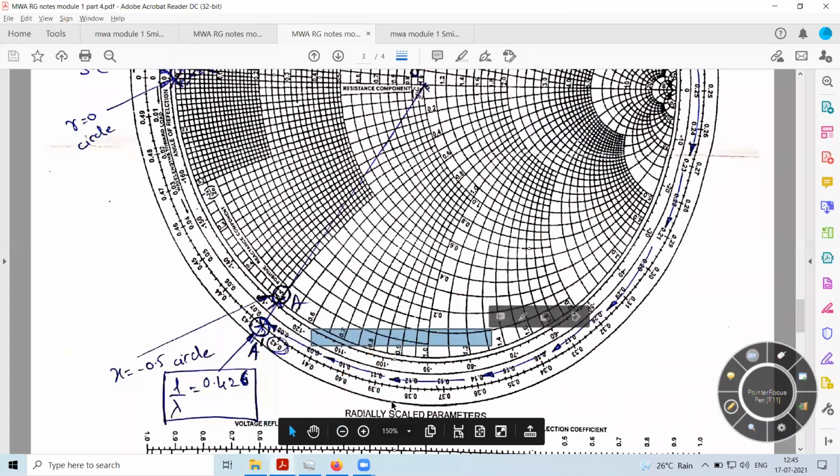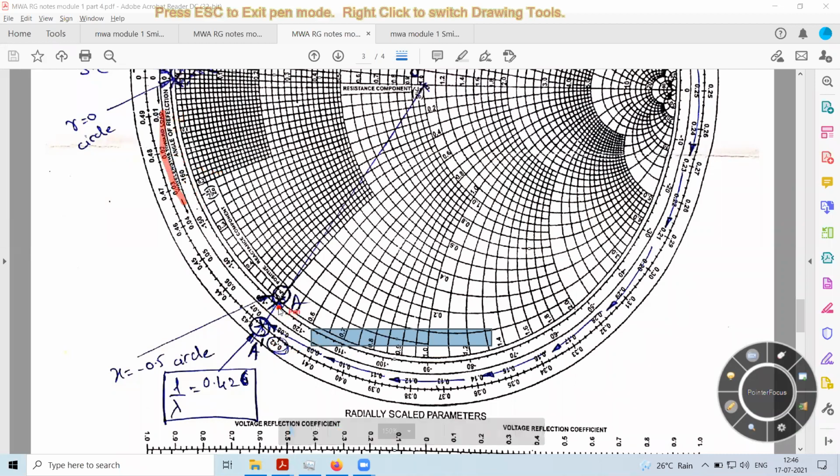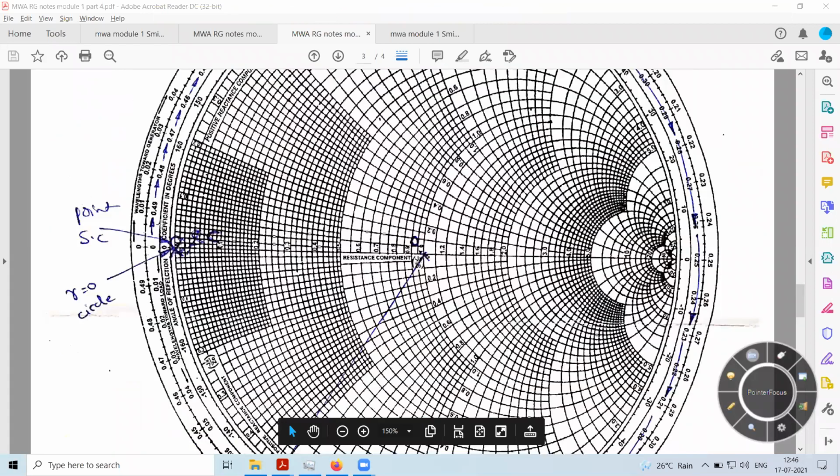The same length will be obtained even if you move from this side to this side, but you should be careful that this is the input end and you have to move towards the load end. In which direction? You have to move in the anti-clockwise direction. You start from this point and keep measuring the distances, adding these values, and you'll find it is also equal to 0.426.